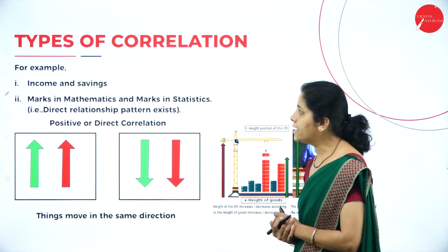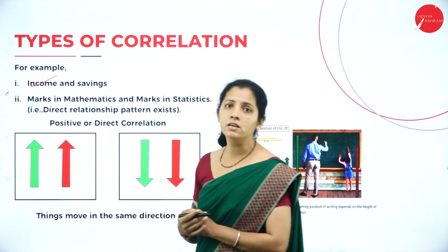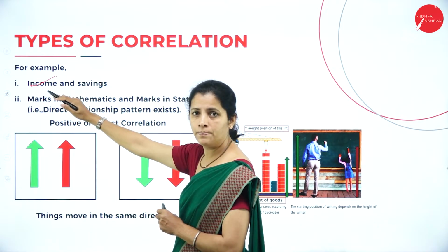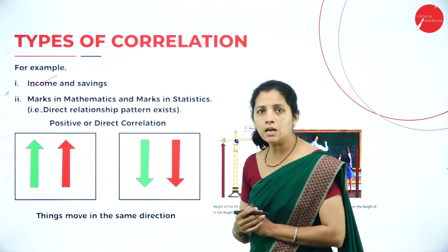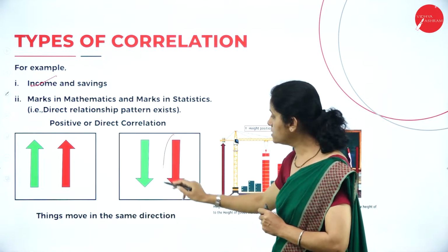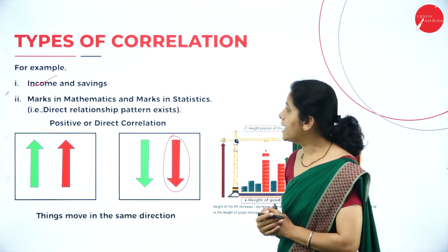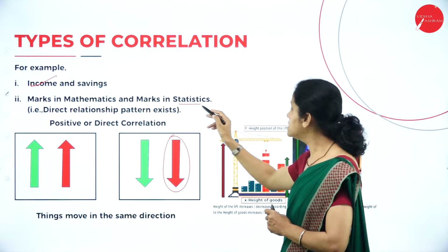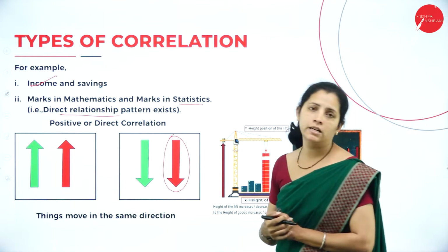And here I can consider the example of income and saving. As the income increases, savings also increase. If income decreases, then saving also decreases. Then marks in mathematics and marks in statistics: a direct relationship pattern exists.